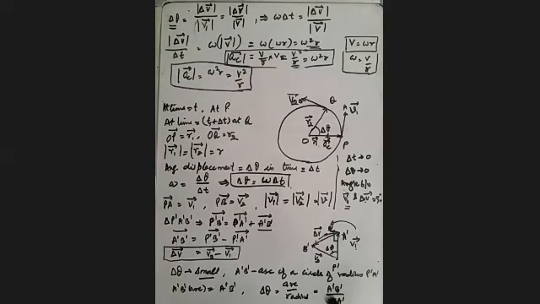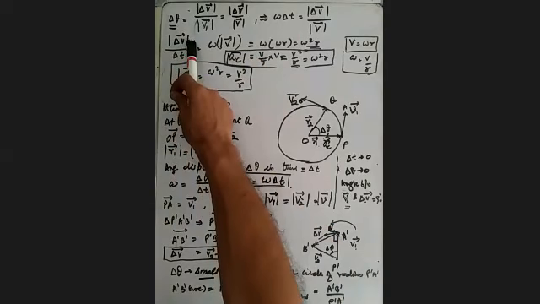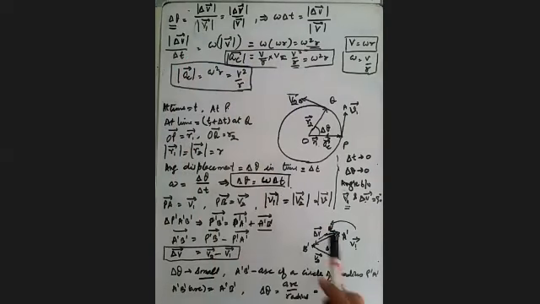Okay, once again finding out the direction of the acceleration vector, because it is incomplete without direction. The direction of the acceleration vector is the same as the direction in which the velocity is changing. To find out the angle between the change in velocity vector and the velocity vector, look at this triangle P'A'B', where delta theta is the angle A'P'B'.